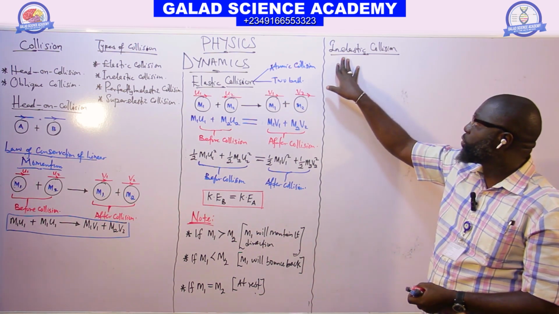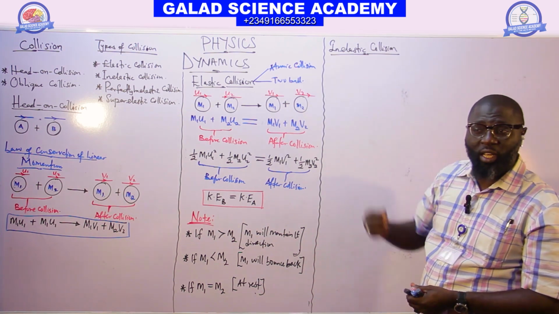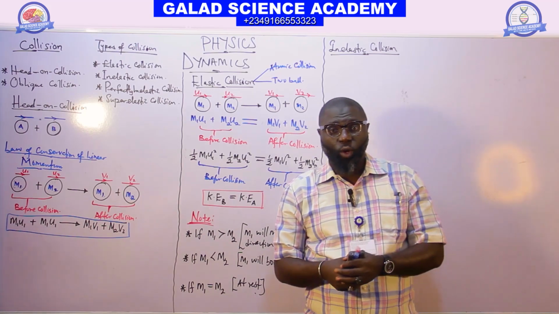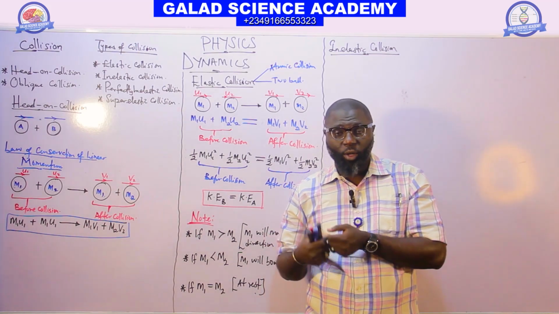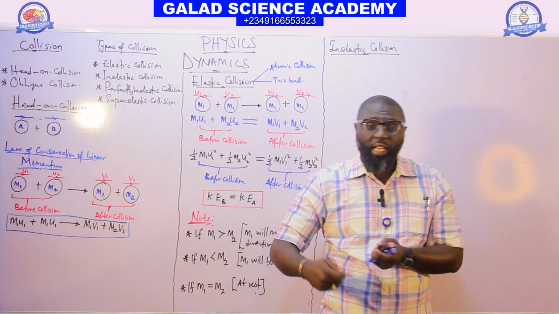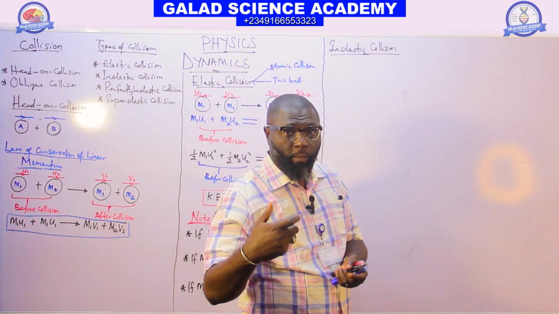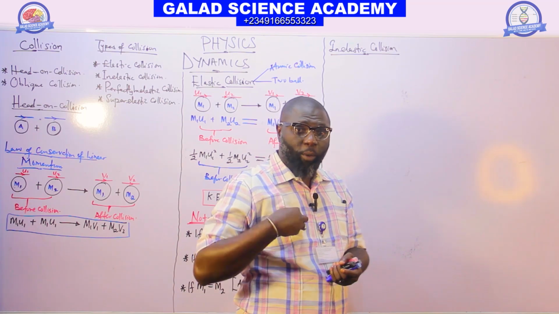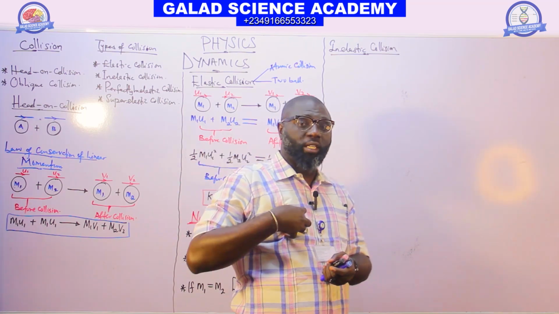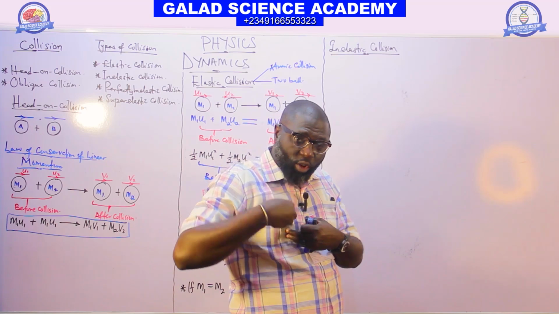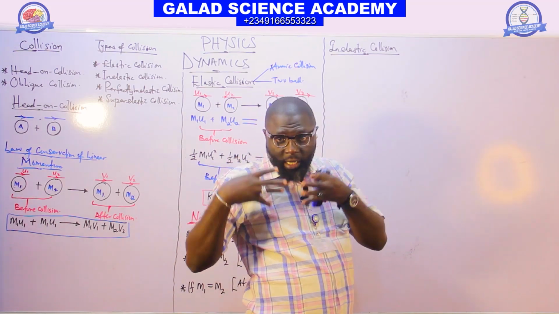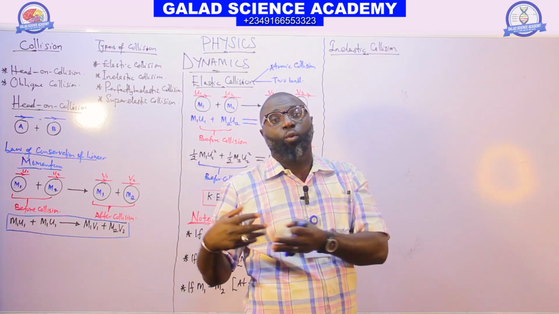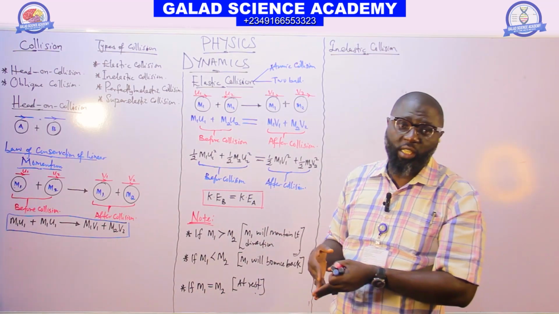An example of an inelastic collision is the collision between a bullet and a human body. If a bullet is released from a gun into the human body, it enters the body, and the mass of the bullet and the mass of the body stick together and move with a common velocity.